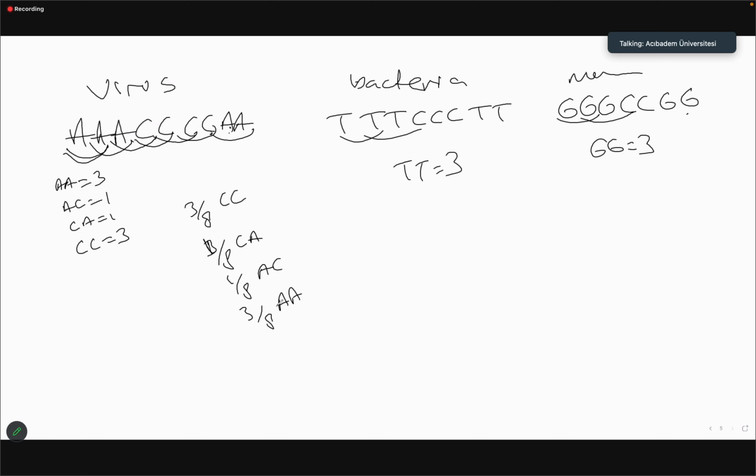So is the viral sequence AA composition different than the bacteria and mammalian AA composition due to hypothesis testing, and you find that AA only belongs to the virus, and it's very significant, the hypothesis testing. And bacteria has TT in abundance, mammalian has GG in abundance. So I give you a sequence like this.